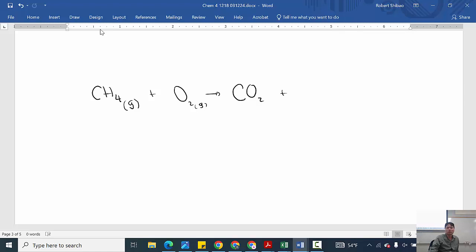And water. So one way of thinking about this is when we oxidize methane, we form an oxide of carbon, CO2.